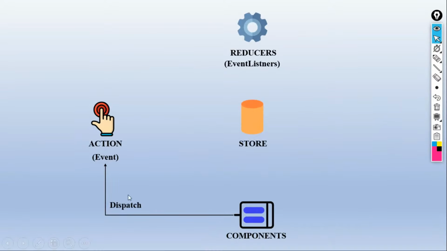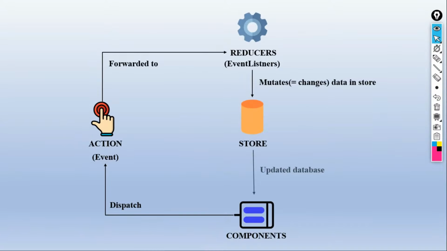So here we are dispatching the event, and then we forward it to the reducer. Reducers are actually inside the store, helping us to update our state. Since the state is updated, the component will re-render and you can show the updated data. This is one example.